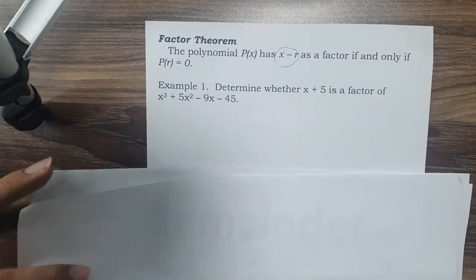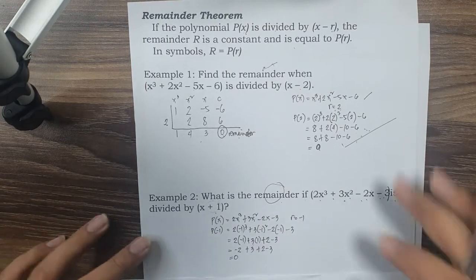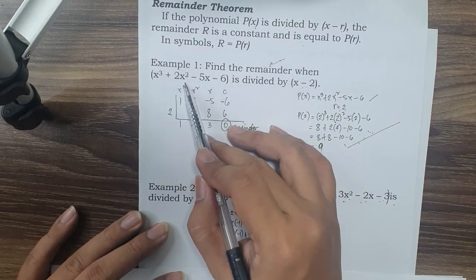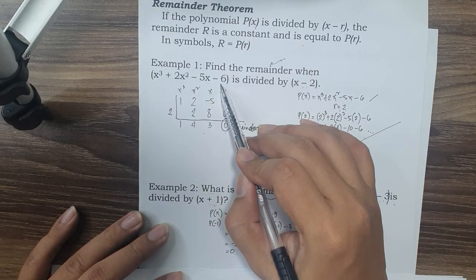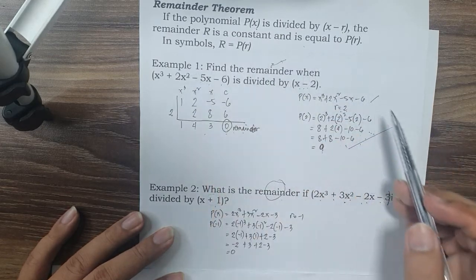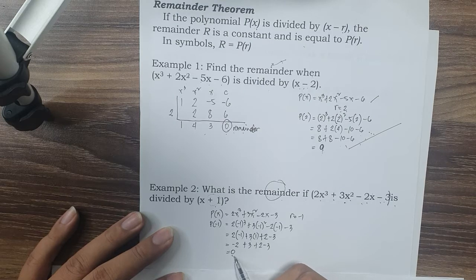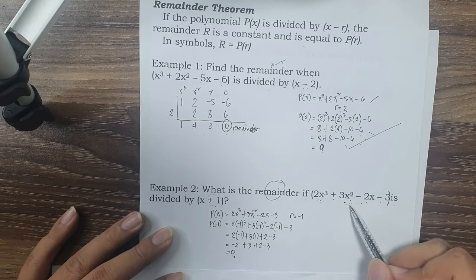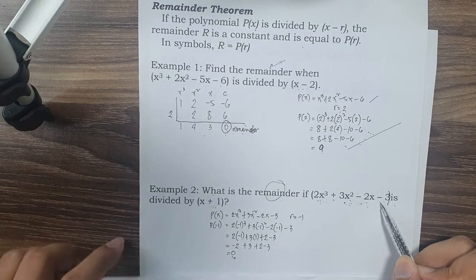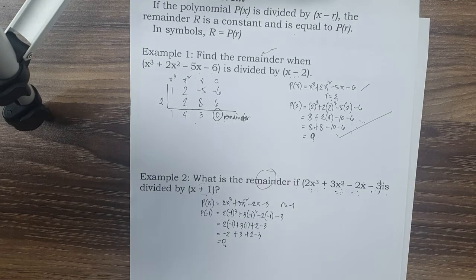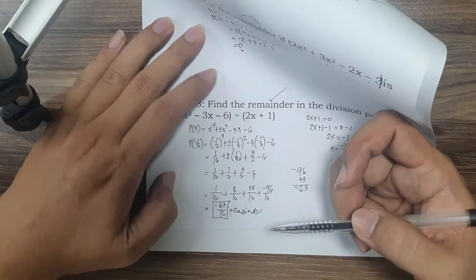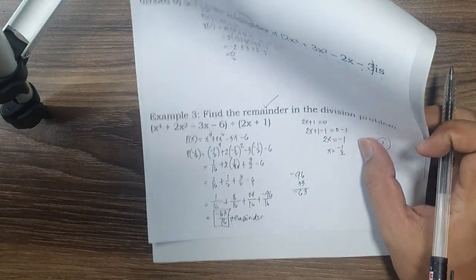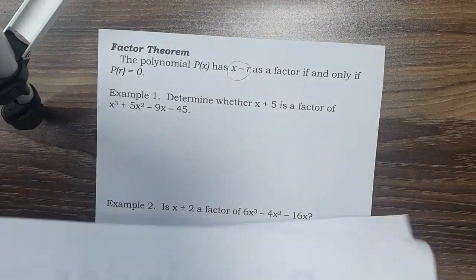So, in our example 1 and 2, since the remainder is 0, x minus 2 is a factor of x cubed plus 2x squared minus 5x minus 6.